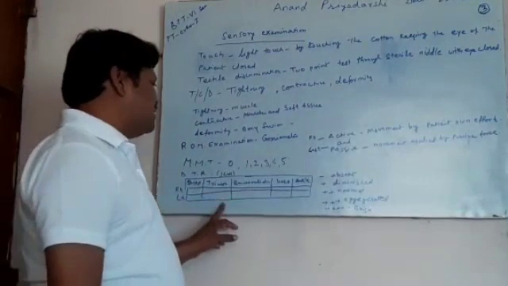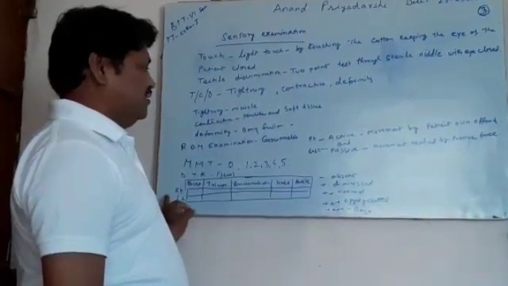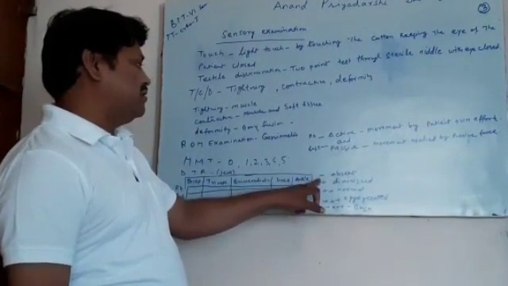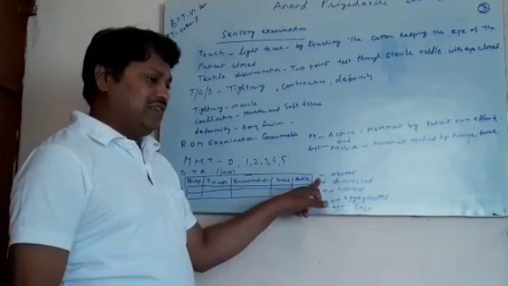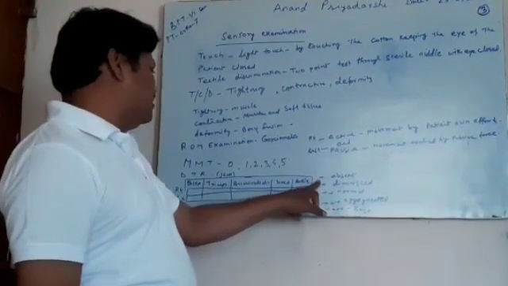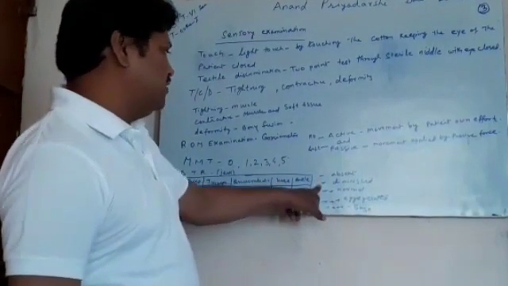So biceps or any jerk is displayed either as absent when no reflex is seen, no jerk is seen, then absent is given.